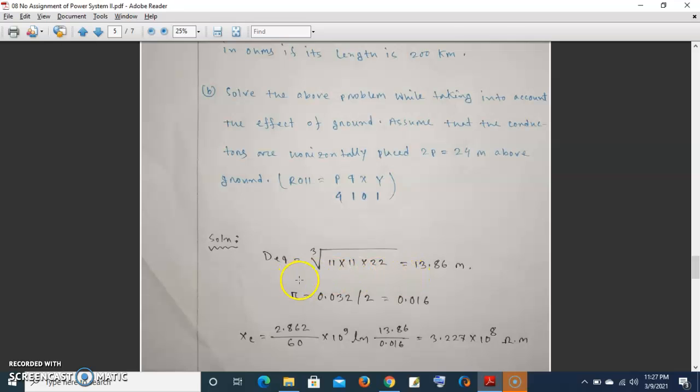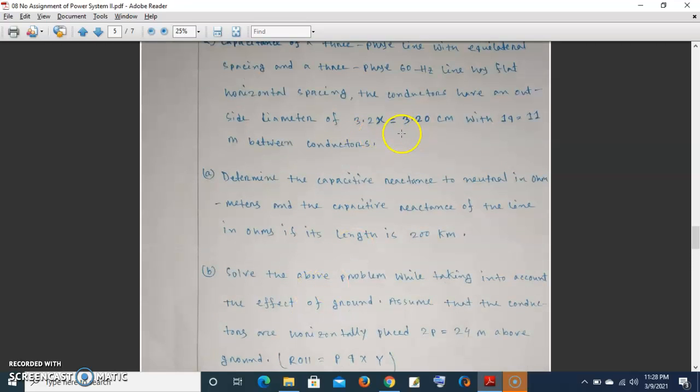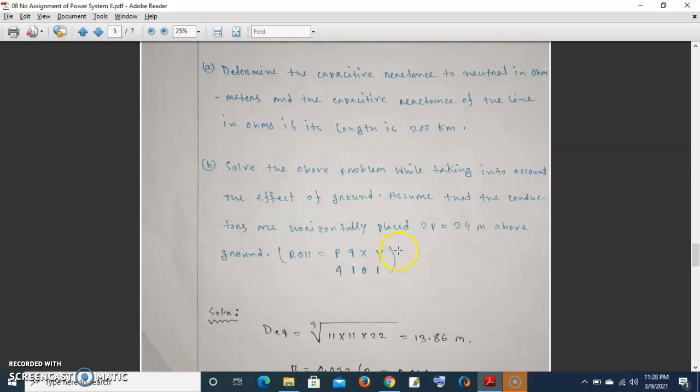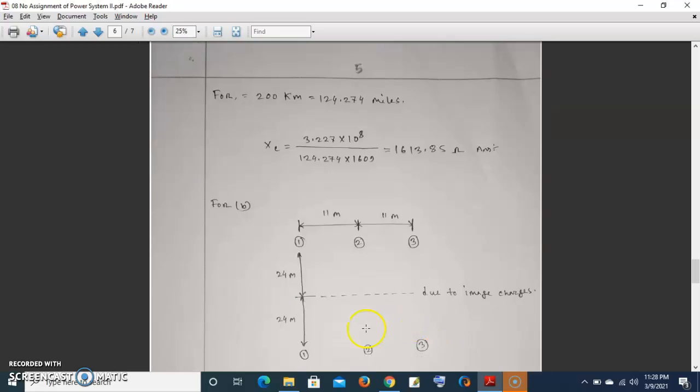We calculate this and we get DEQ equal to 13.86 meter. The radius: here the diameter equals 3.20 centimeter, we convert it to meter, 0.032 divided by 2, since r is the radius, equal to 0.016 meter.